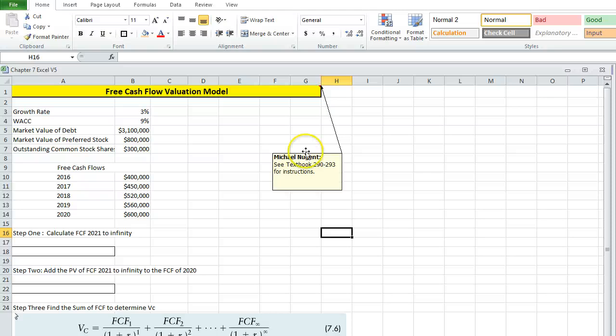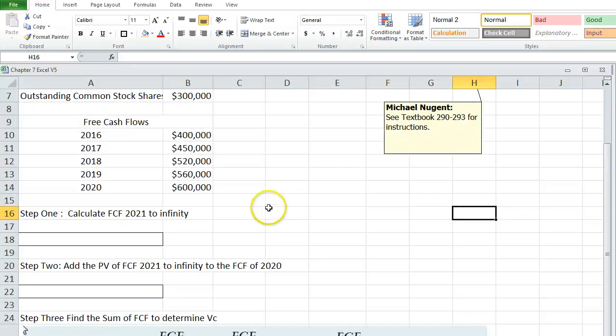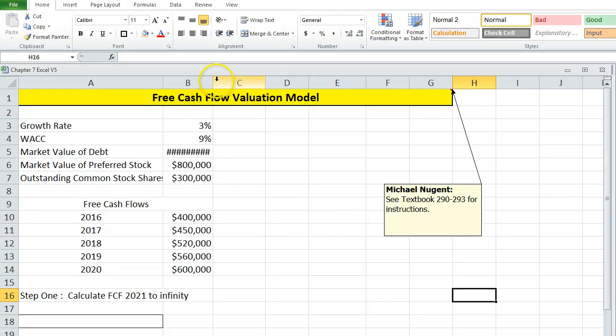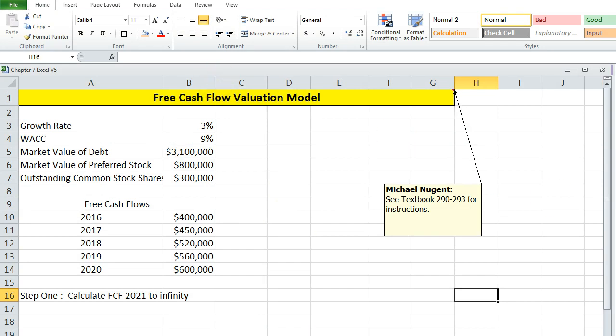But what we're talking about here, and let me make this bigger so we could see what we're working with, is the free cash flow model.